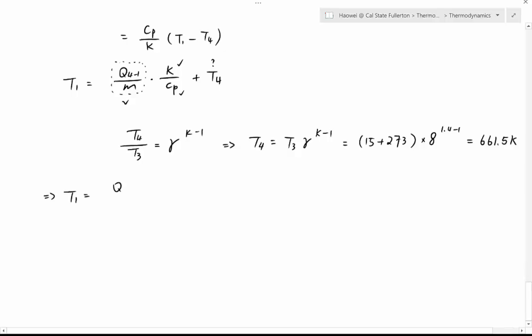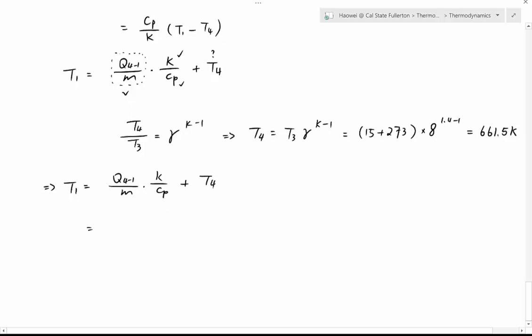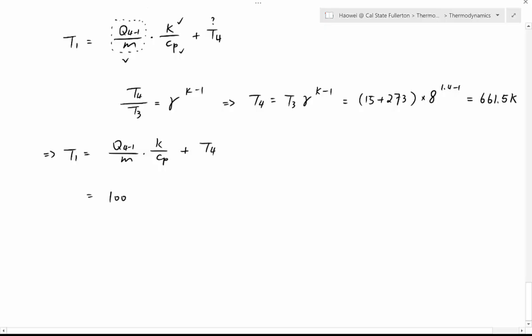Okay, let's copy this equation again, and then what we do is just plug and chug. Q421 per unit mass is 1000 kilojoule per kilogram. So we multiply this number by 1000 to convert kilojoule to joule. The next one, K. K is given 1.4 divided by Cp.